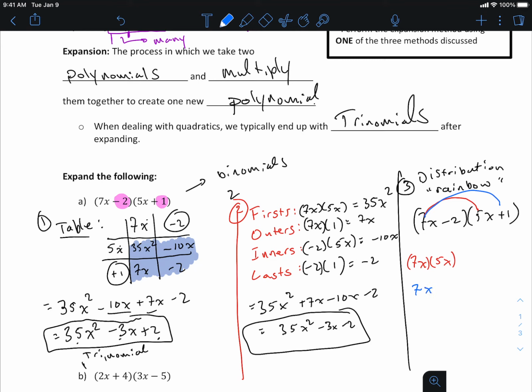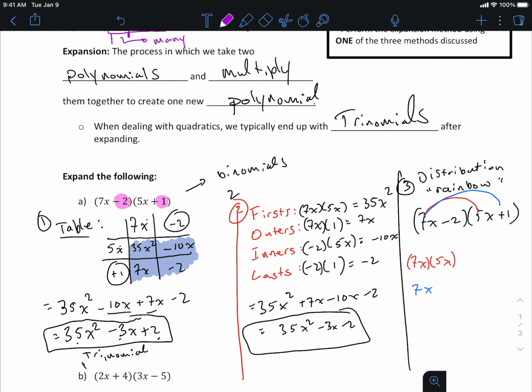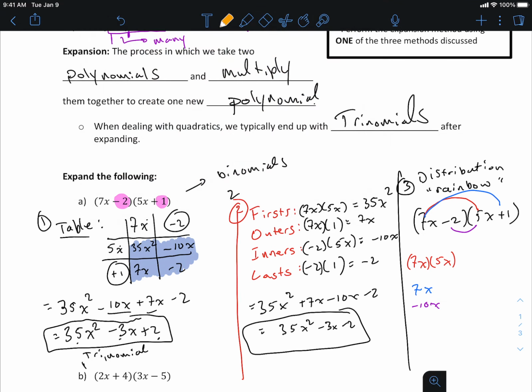And the way I do this, I don't necessarily write it like this every time. As you get the hang of it, I do the mental math and then I write it out as I go along. Okay, but I'll write it like this for now so you can see. Negative 2 times 5x is going to be negative 10x. And then the last one is, I don't know, use orange.